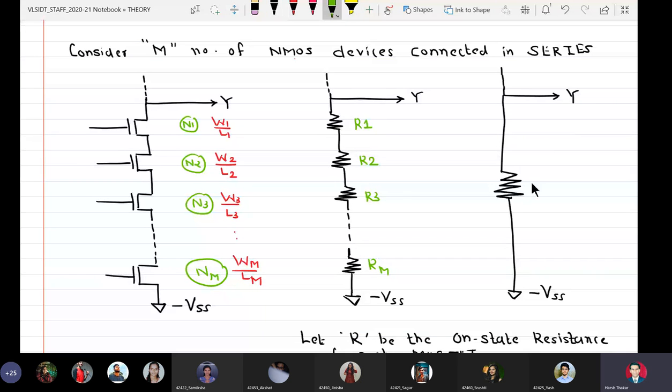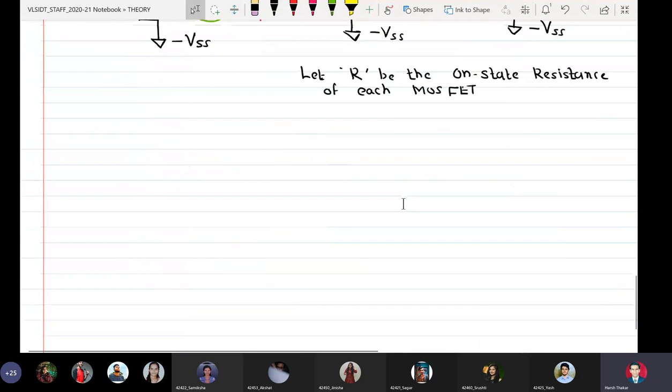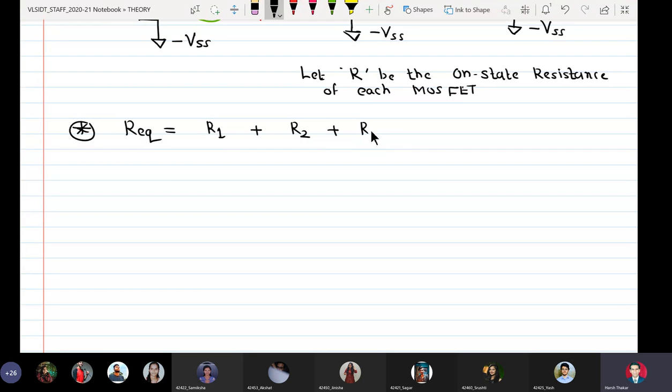Let me name this equivalent resistance as R equivalent.